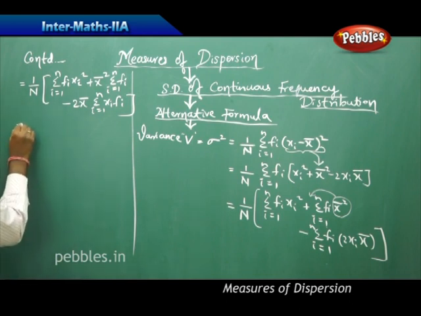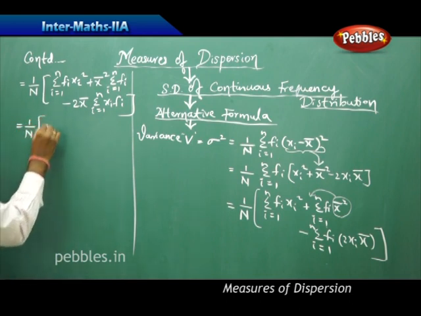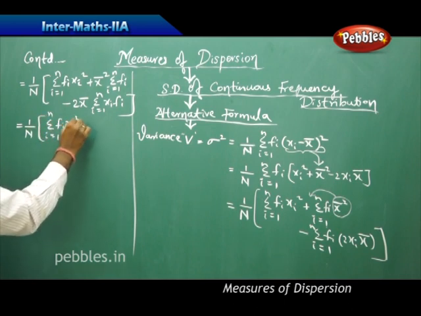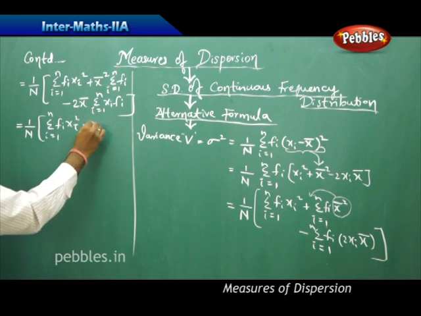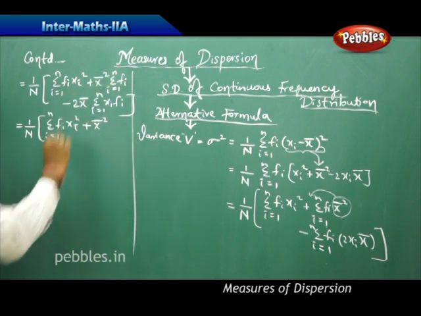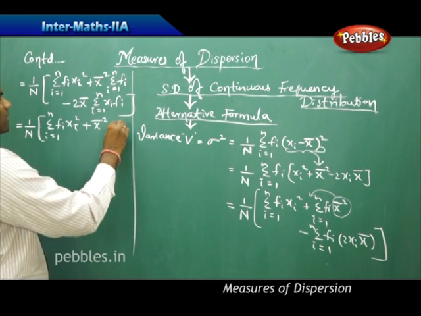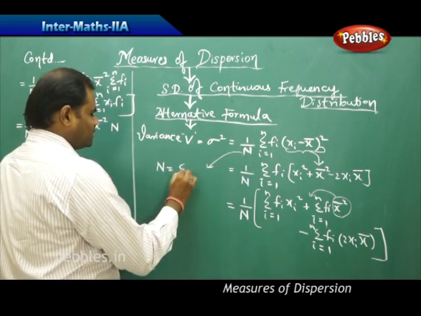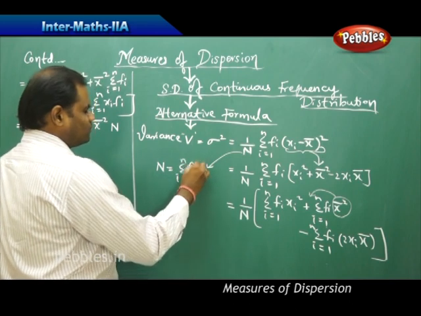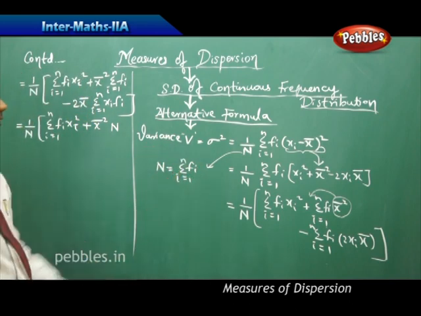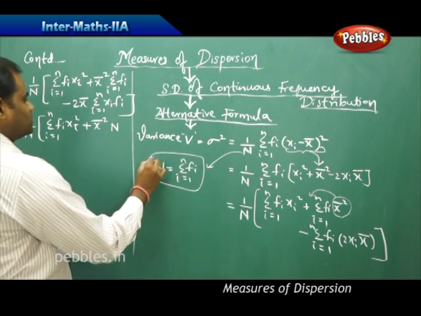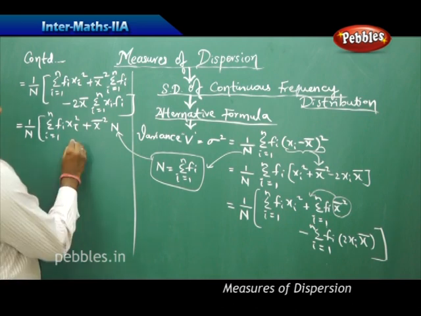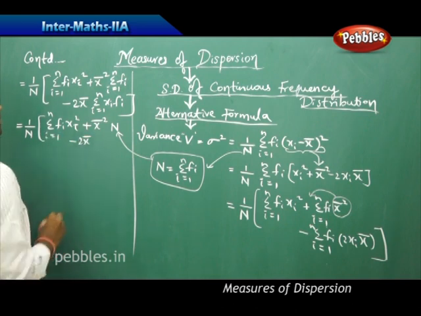Now proceeding similarly further, I have 1 by n sigma i running from 1 to n of fi xi square plus x bar square. Now sigma fi is n, because we know that n is the sum of all the frequencies, sigma i running from 1 to n of fi, which I have substituted here, and then minus 2 x bar.